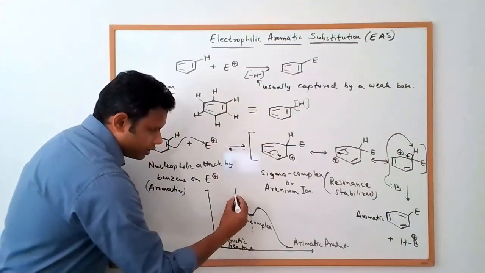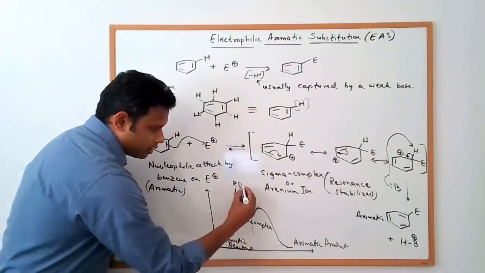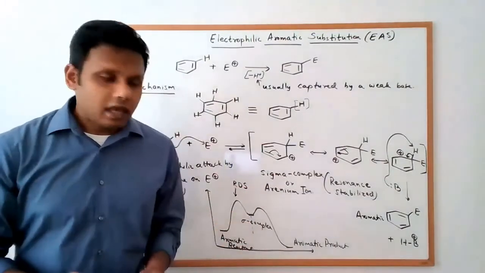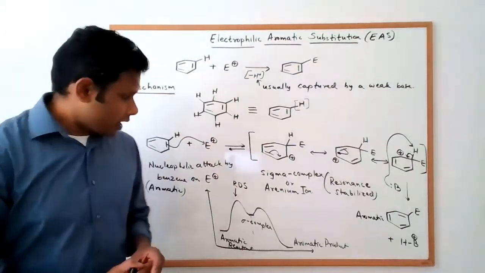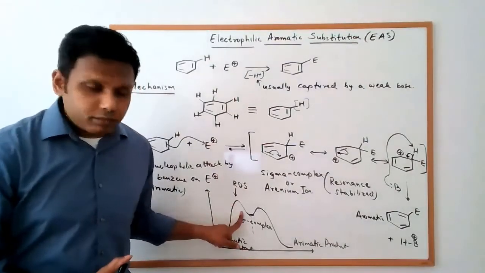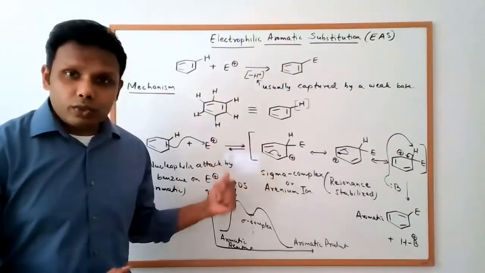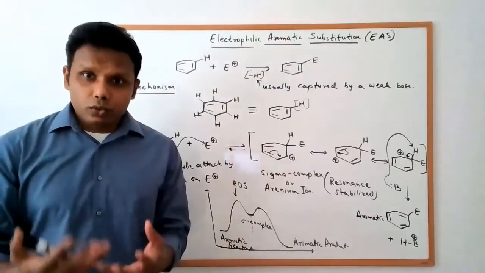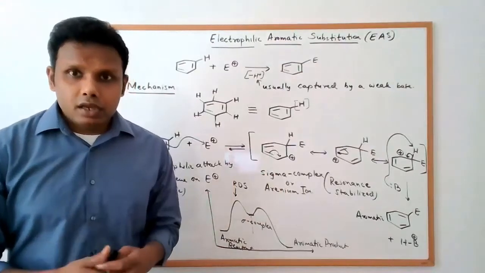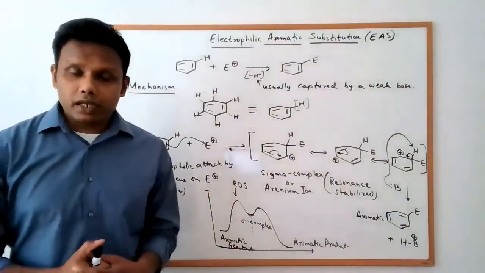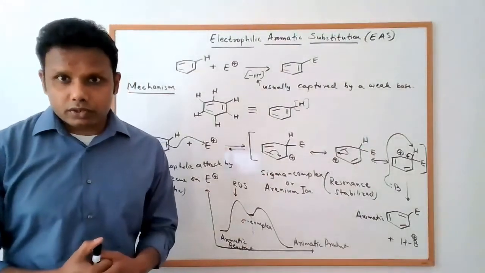So this would be the rate determining step, because that process would have the highest activation energy. And that is the rate determining step because when we form the sigma complex, the molecule is losing its aromaticity, which means it is becoming less stable.